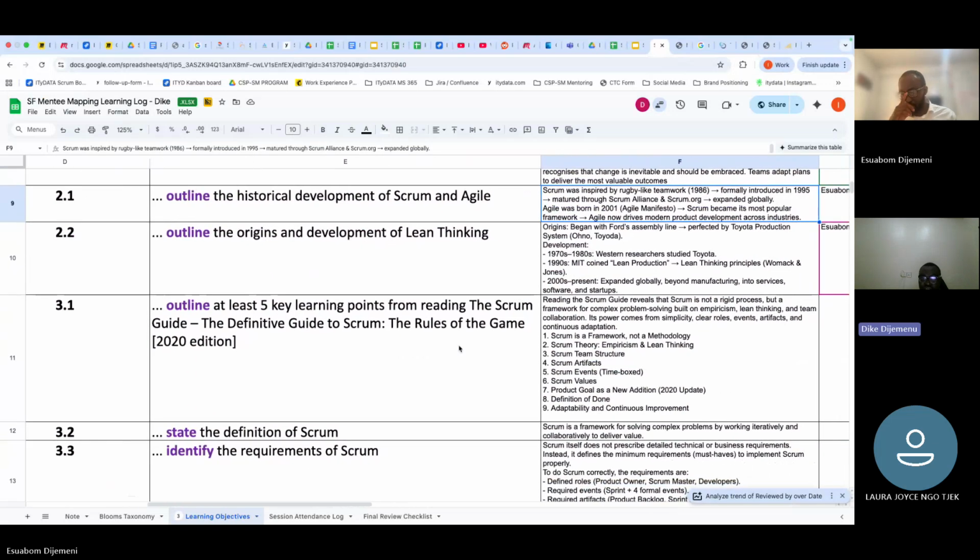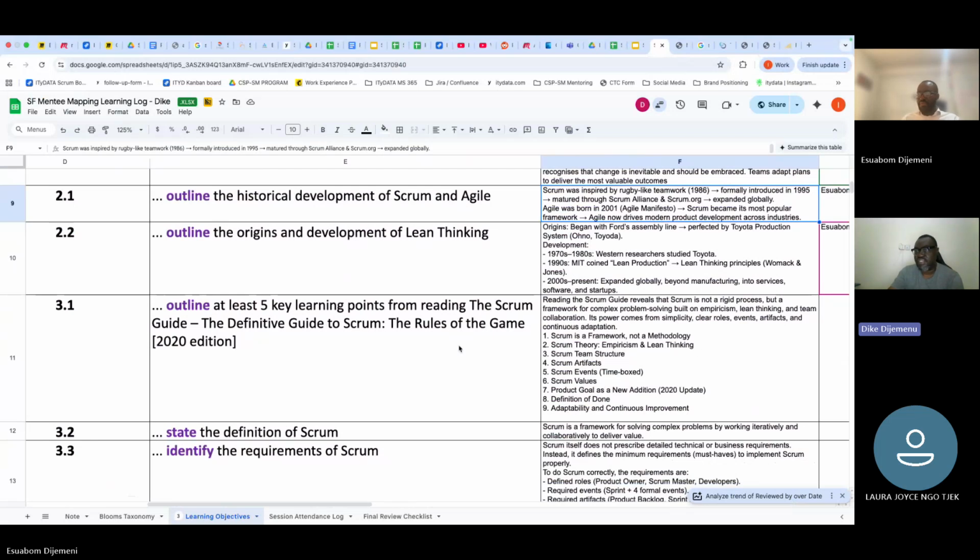The first one I found out, and I liked it, is Scrum being a framework as opposed to a methodology. A framework will tell you how to do something, while a methodology will tell you maybe the why or the what. So I like that Scrum is a framework.